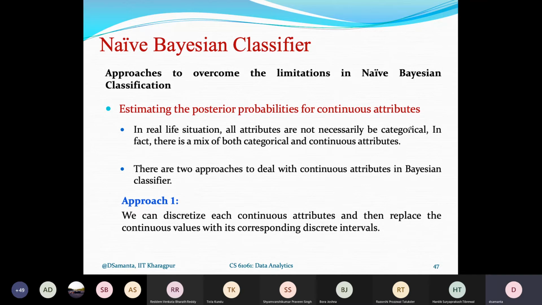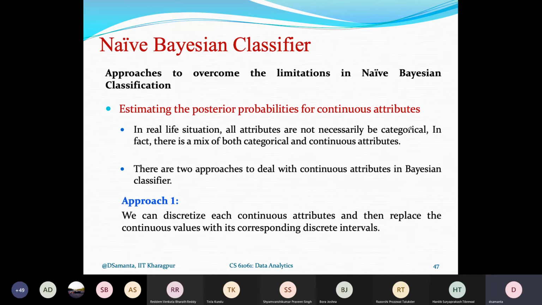Here there are 3 levels, but you can make it 5 levels also. More discretization, more accuracy; less discretization, more loss of information. Loss of information because for age, 51 is old and 100 is also old, so there is less preciseness as far as the data is concerned, but it works.